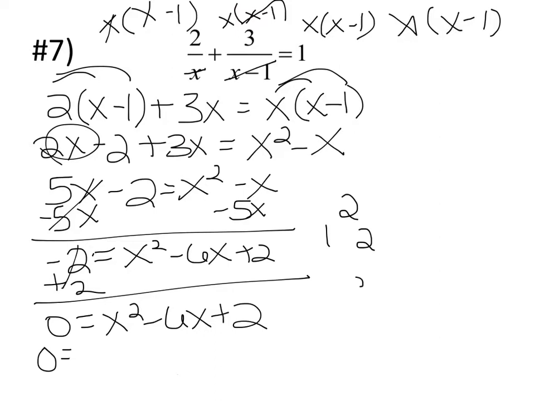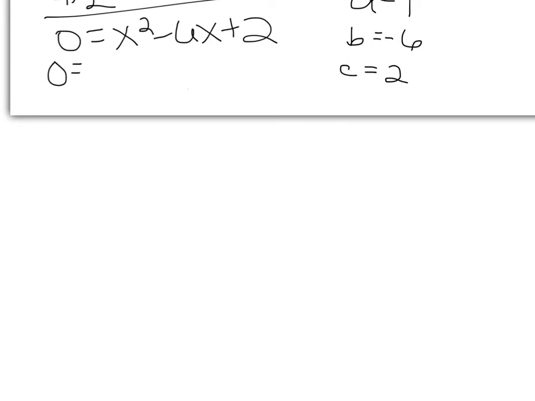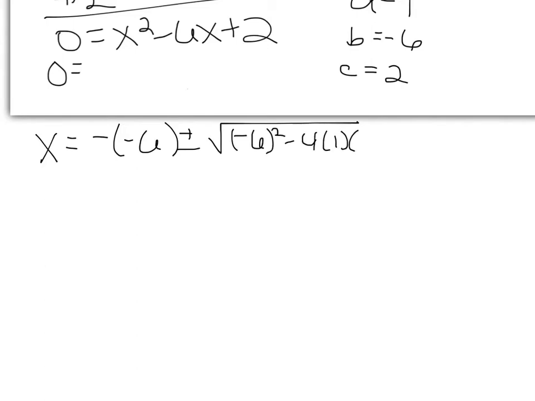Alright, if we do the quadratic formula, you get a is 1, b is negative 6, and c is 2. So you're going to plug that in. And you're going to get x equals negative b, which is negative 6, plus or minus the square root of b squared minus 4ac, all over 2a.